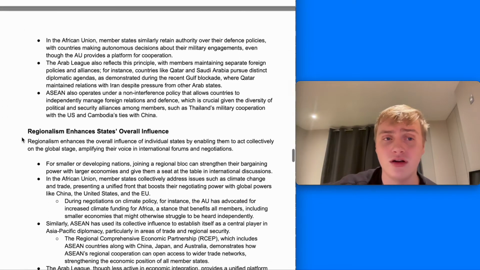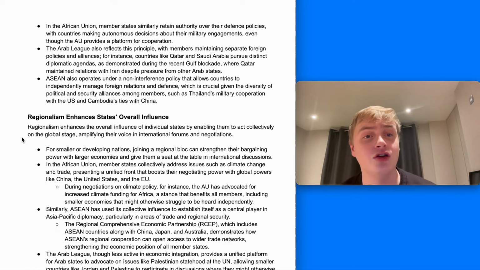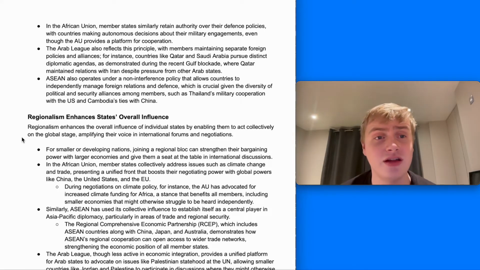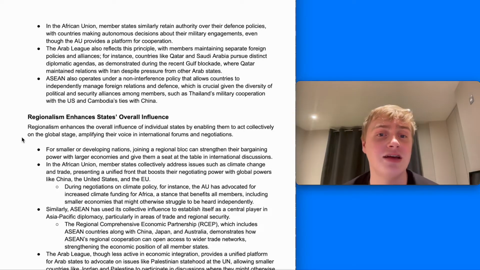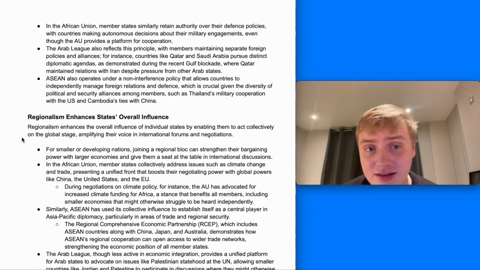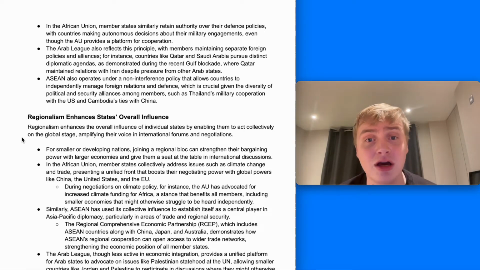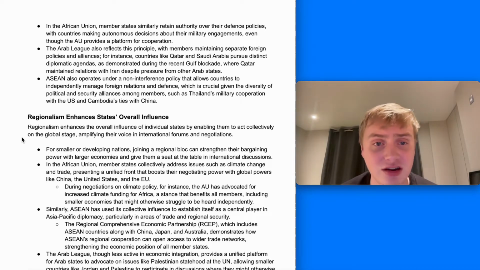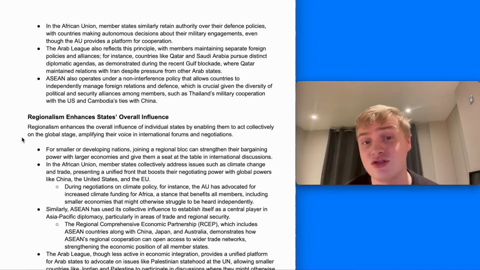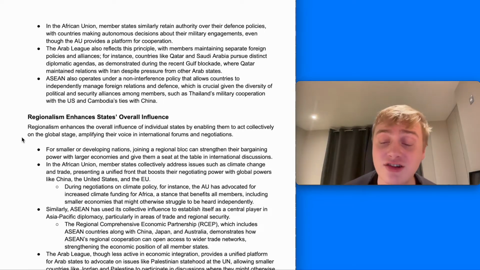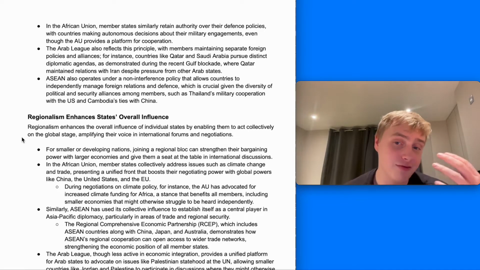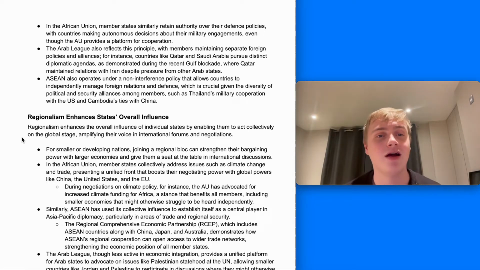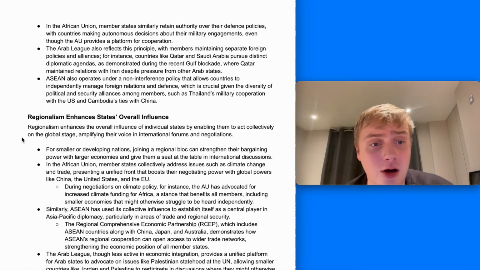It can be seen in other organisations as well. In the African Union member states retain complete authority over their defence policies. The Arab League is exactly the same, where member states maintain separate foreign policies and alliances. For example, Qatar and Saudi Arabia pursue very distinct diplomatic agendas, as demonstrated by the recent Gulf blockade, where Qatar maintained relations with Iran despite pressure from other Arab states, and therefore distanced itself and had a very different foreign policy in comparison to other members of the Arab League.